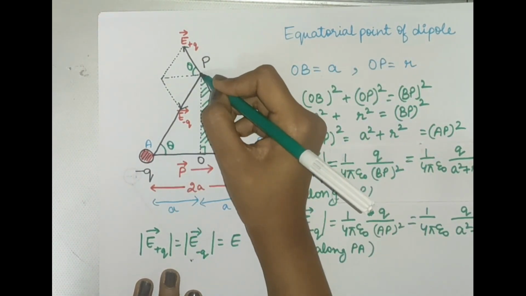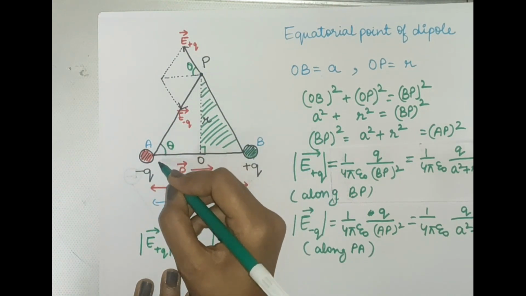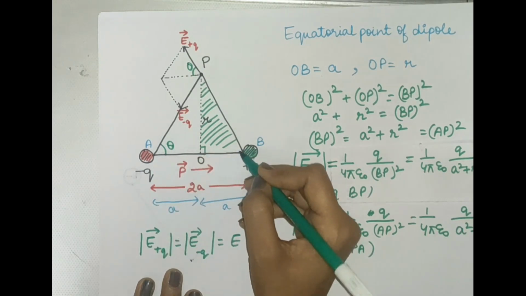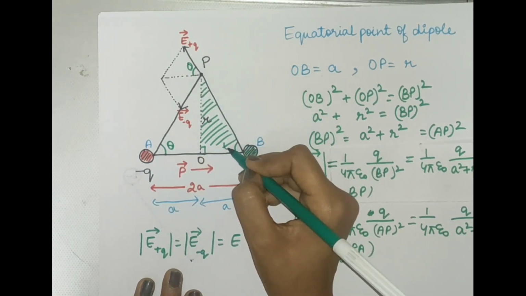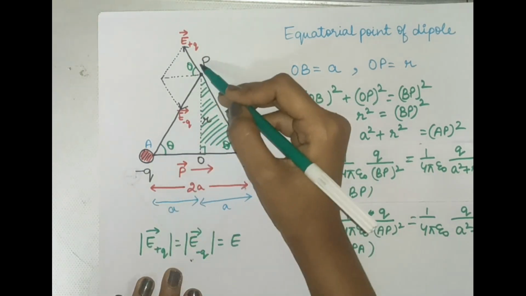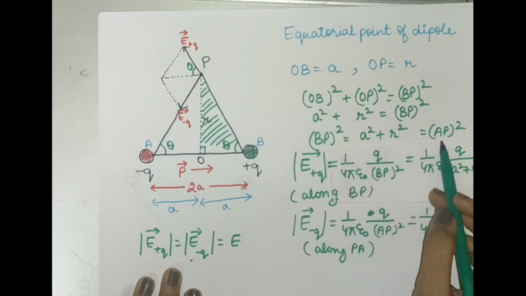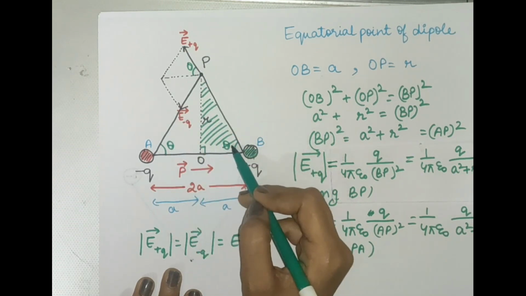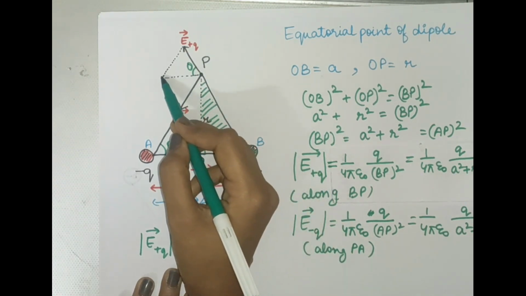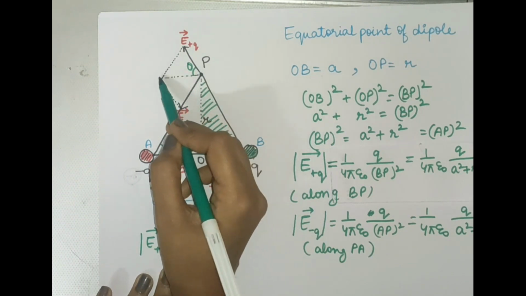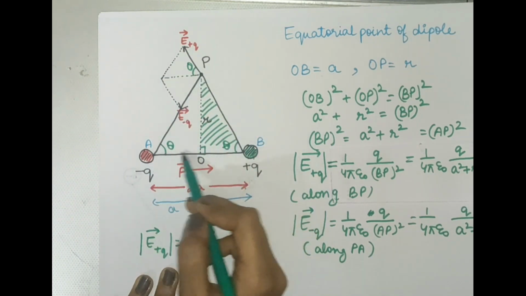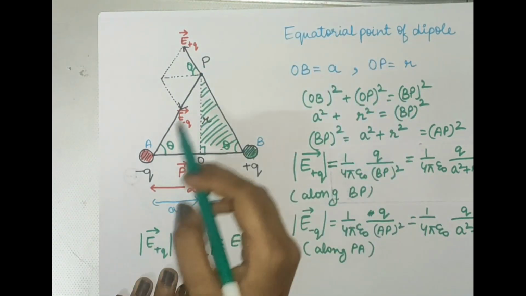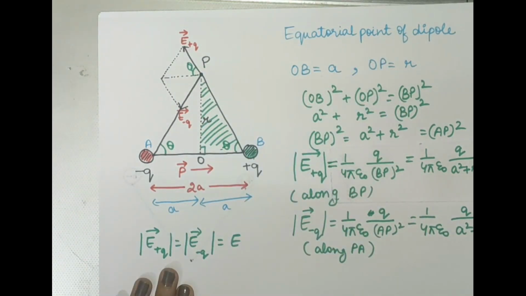Let us consider that PA is making an angle theta with the dipole, and similarly here also we have an angle theta. Since this is an isosceles triangle, AP is equal to BP, so the angles opposite to the equal sides would also be equal. Now we are drawing a parallel line to this line AB. Since they are corresponding angles, they will also be equal. This is your basic 10th class geometric explanation.